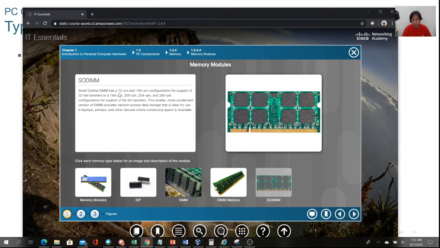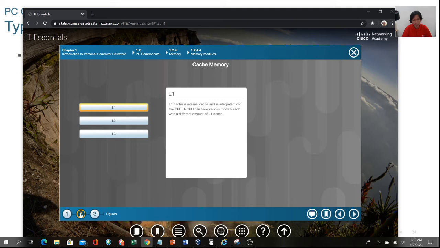Mostly they are 72 pins, 100 pins, 144 pins, 200 pins, 204 pins, as well as 260 pins. They are all used in our laptops. So those are the different RAM modules.